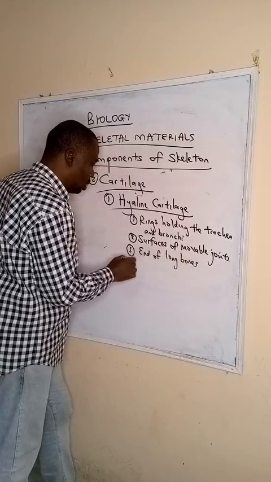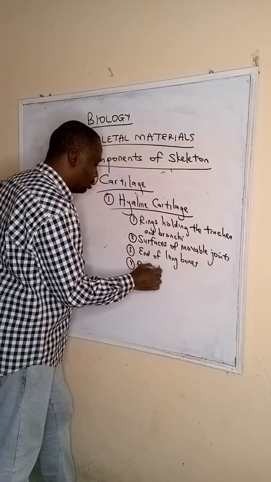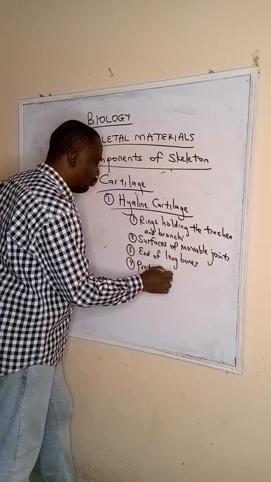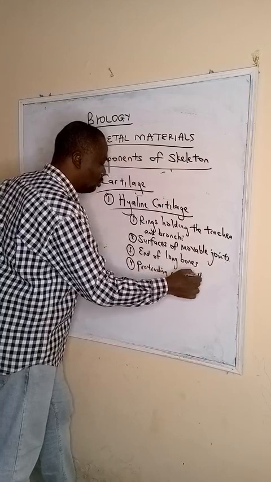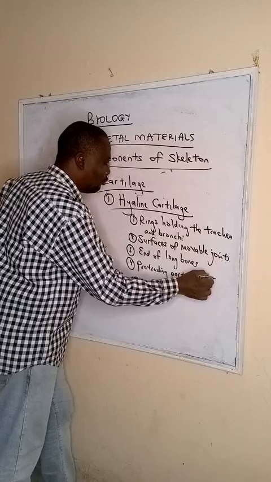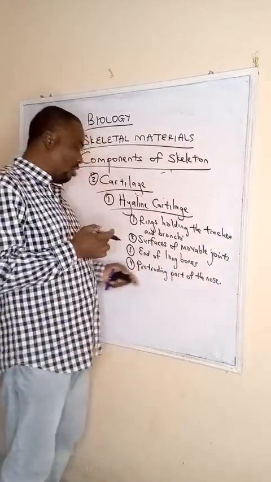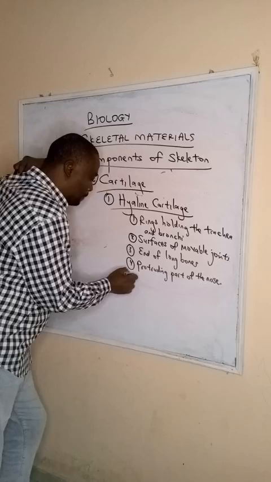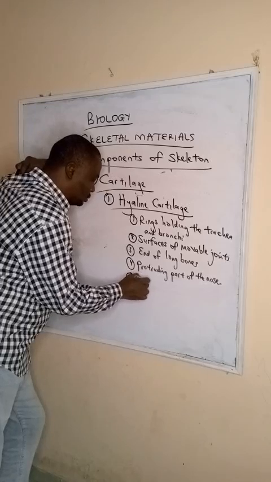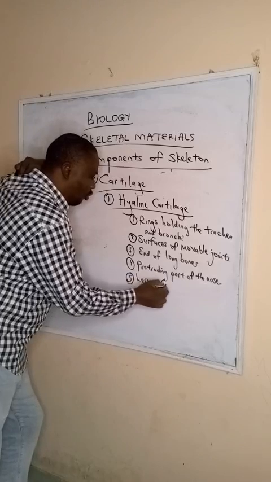It's found in the protruding part of the nose, the tip of our nose. You can also find hyaline cartilage in the larynx. And this one is called the voice box. What produces voice?